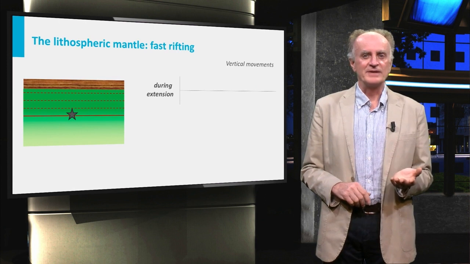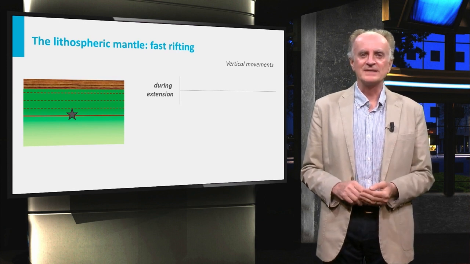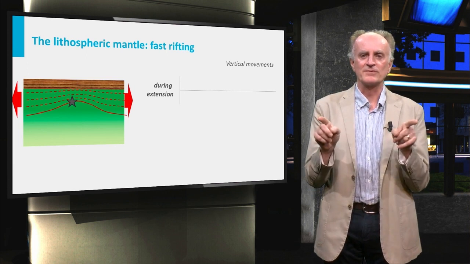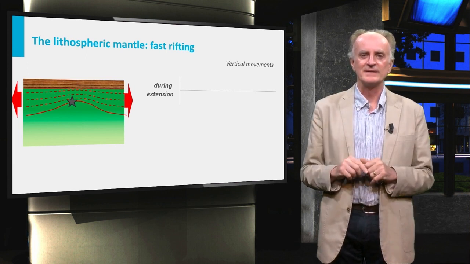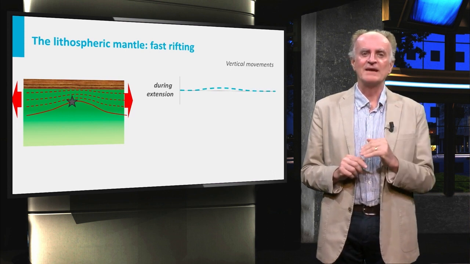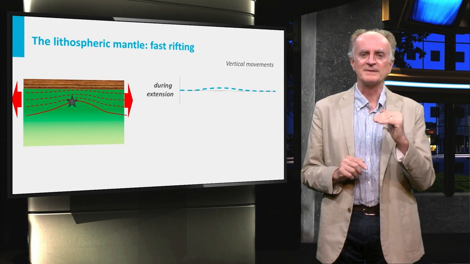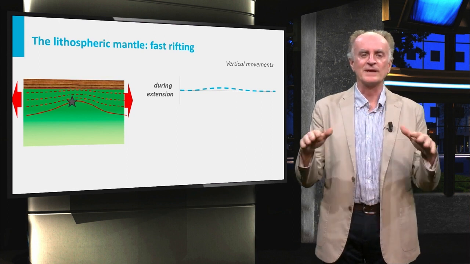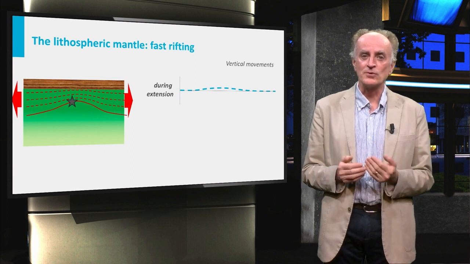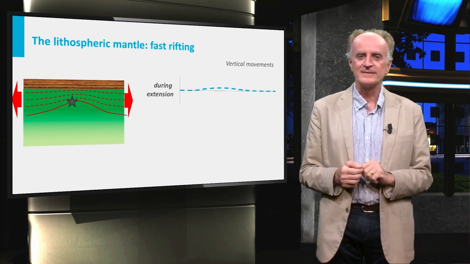If, on the contrary, movement is very fast, the rock cannot equilibrate and will preserve its initial temperature of 1300 degrees during movement. This means that the 1300 degrees isotherm will have experienced substantial displacement, creating a large thermal anomaly. The thickness of the lithospheric mantle will not change or might even decrease.